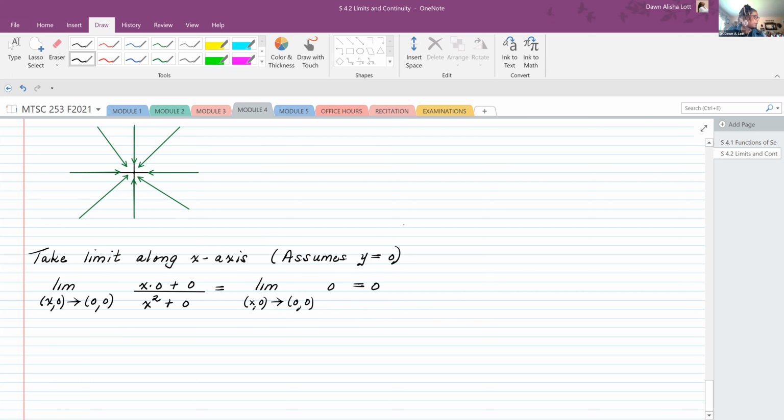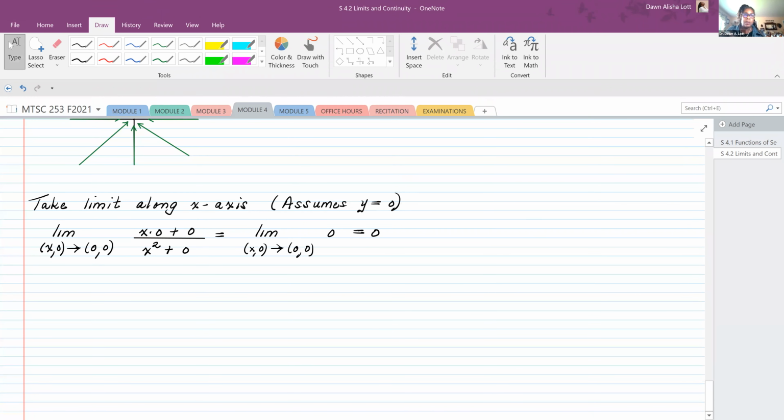That limit is 0. So now let's take the limit along the y-axis, and that assumes x is 0.